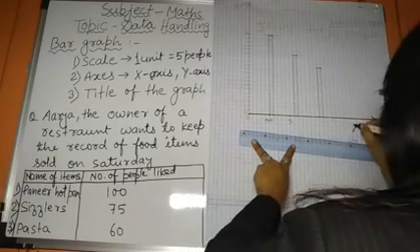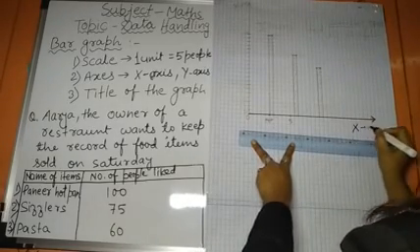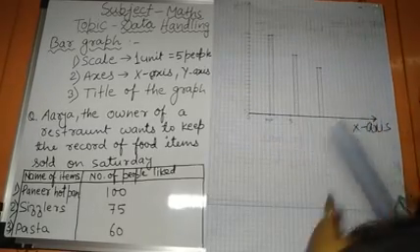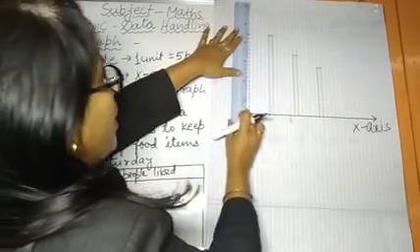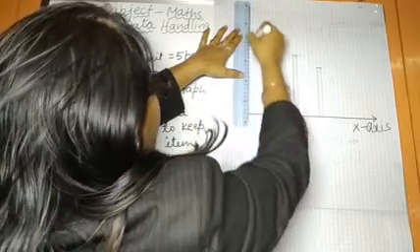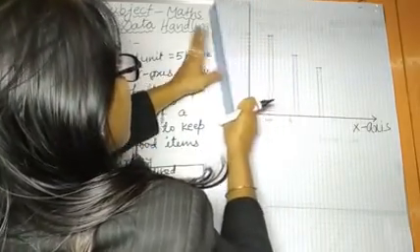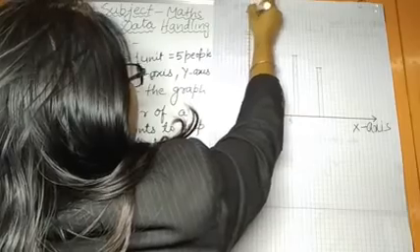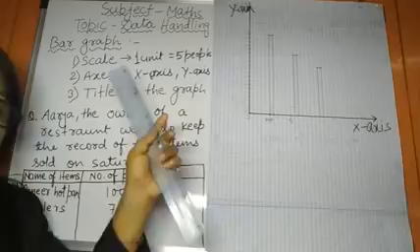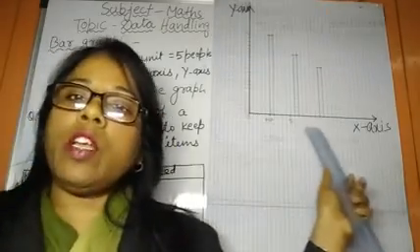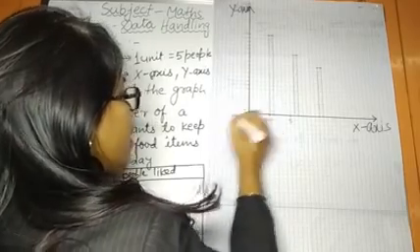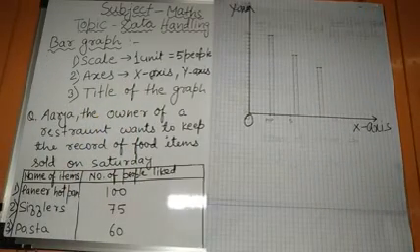This is called the x axis. Now draw a vertical line and put an arrow. This is called the y axis. So two axes are there, and the meeting point of these two axes is called the origin, and we represent it as 0.